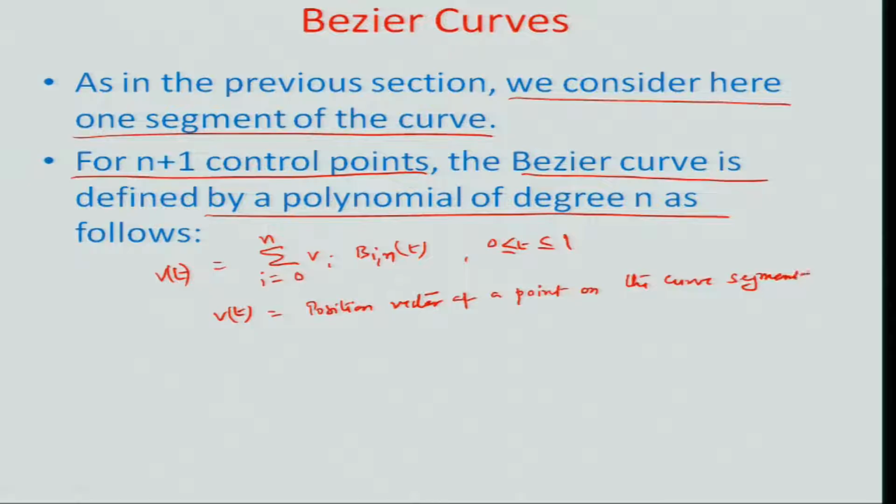So when I am talking about 0 to n points, it means n plus 1 points on the curve segment.